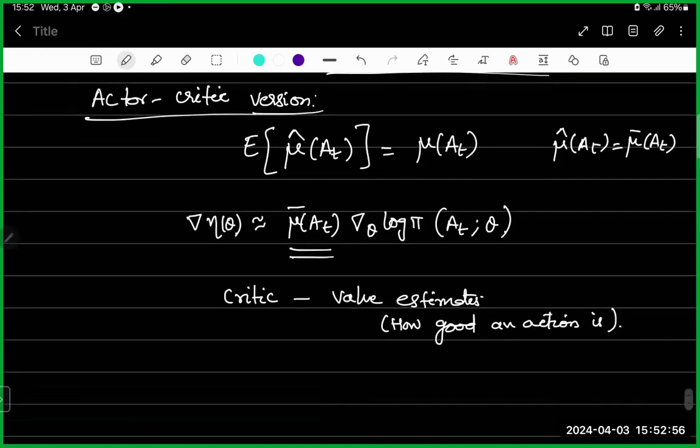The actor is the policy which we are learning. The policy is telling us what action to take in any given state. So that's why you call it the actor, which tells us how to act.